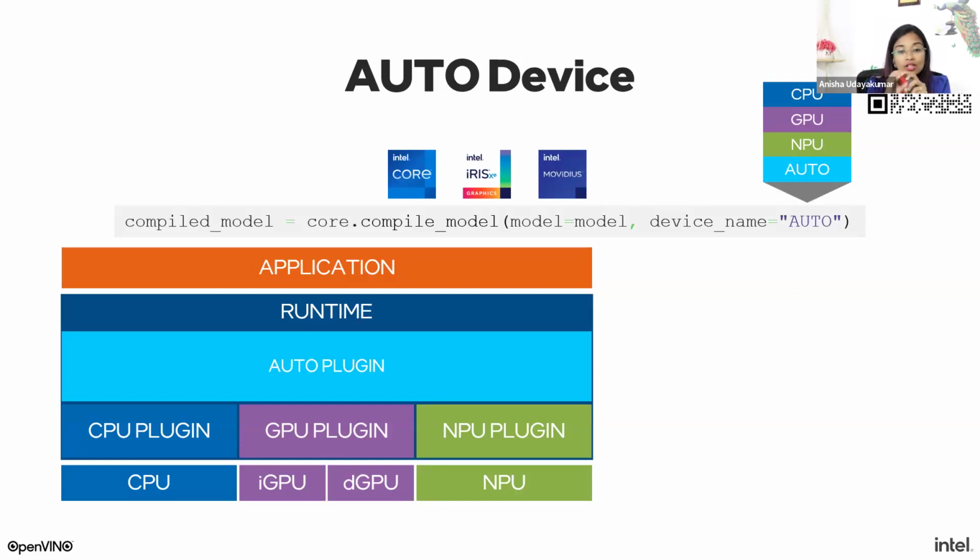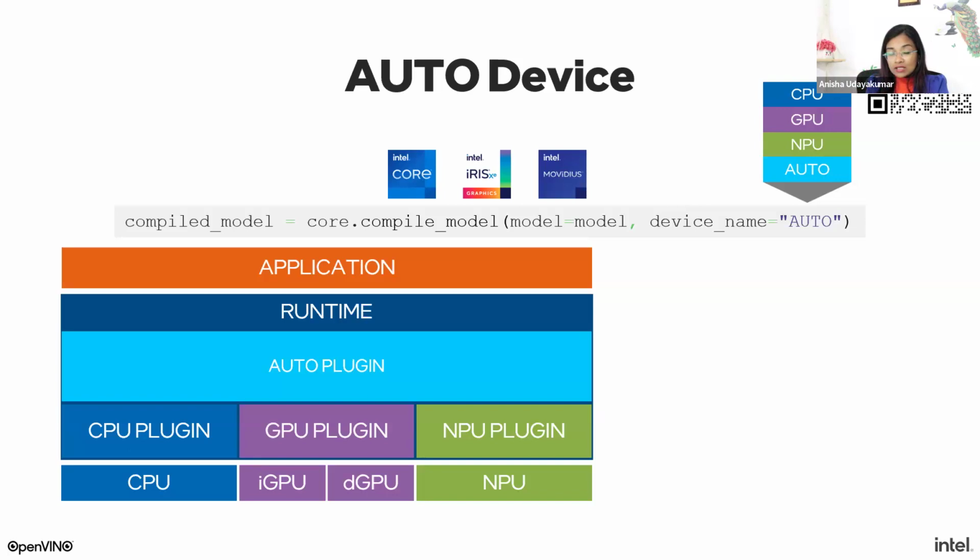And this means you can write your application just once, as I mentioned, and as a developer, you can deploy it anywhere without worrying about the underlying hardware. So Auto defaults to starting inference with the CPU, because CPUs offer low latency and no delay in kickstarting the inference, and that's the reason the CPU is picked up when we give Auto.